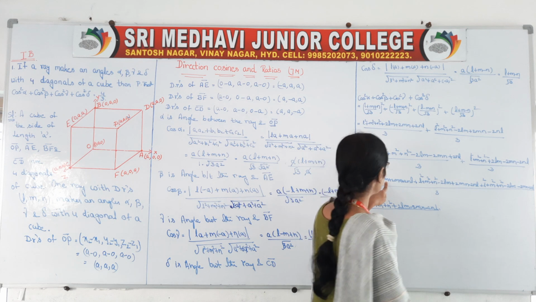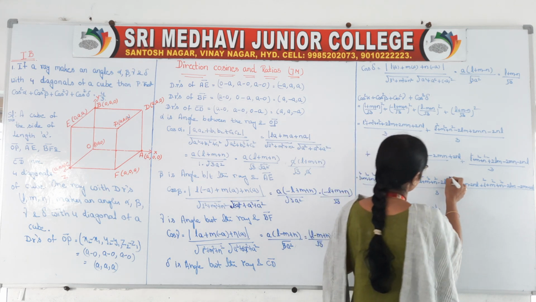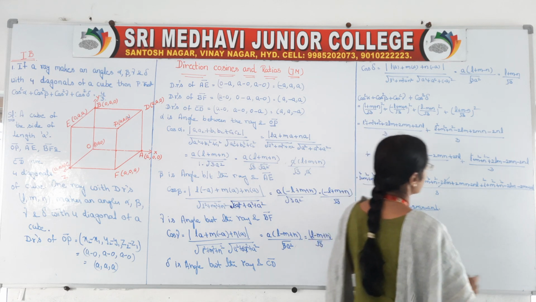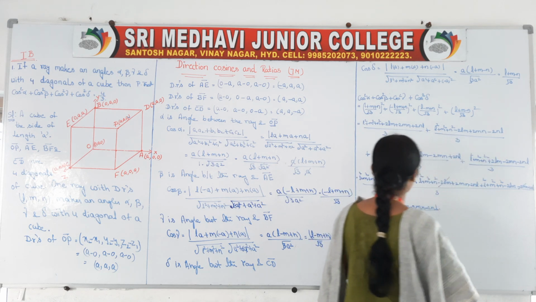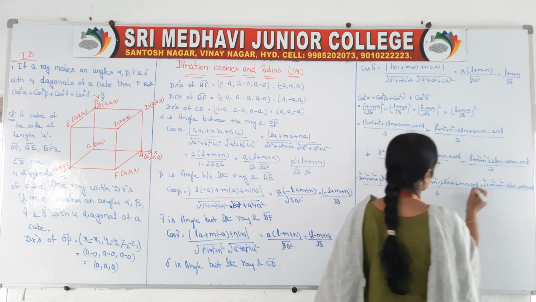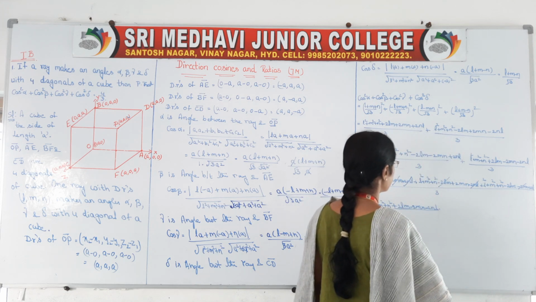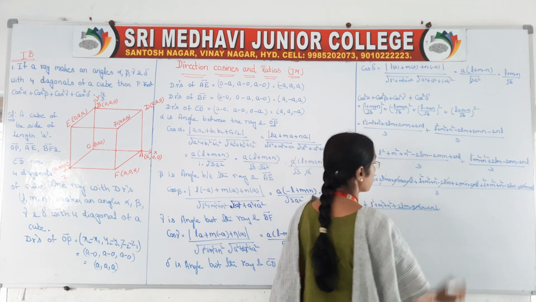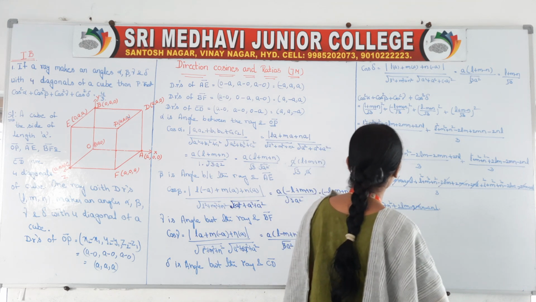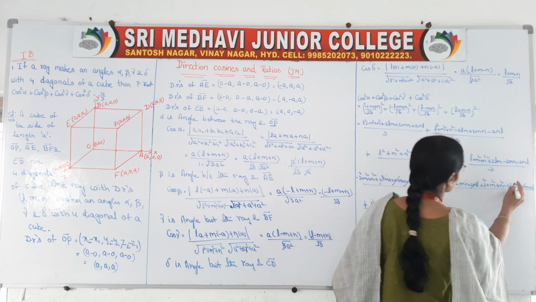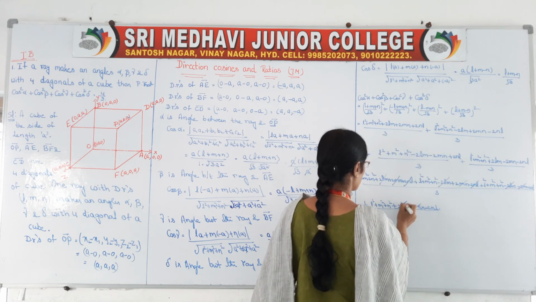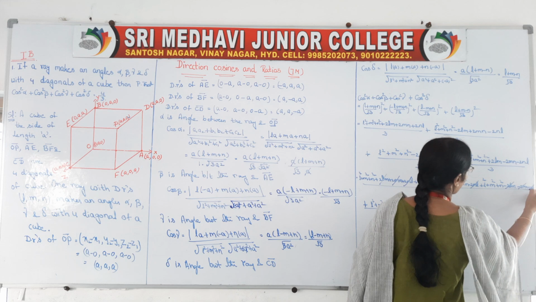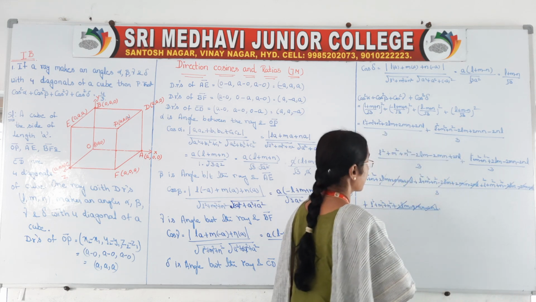So now observe, 2lm minus 2lm cancel, 2mn and minus 2mn cancel, 2nl minus 2nl cancel, 2mn and minus 2mn cancel, right, and minus 2lm plus 2lm cancel, right, 2nl and minus 2nl cancel.